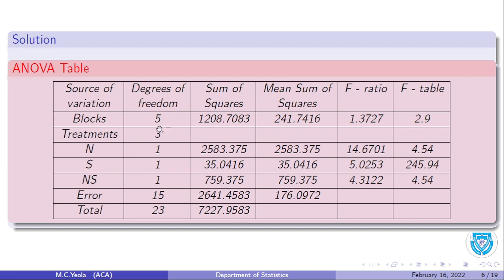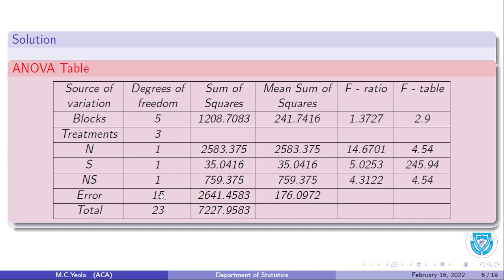And this 3 what we are having, that we have divided in this separate one, 1, 1 and 1 like this here. So addition of these 3 is nothing but this one we are having, and addition of these 3 sums, that is the sum of square due to treatment. But we are not collectively interested, we are interested in the separate treatment combinations. So we have taken separate values over here.